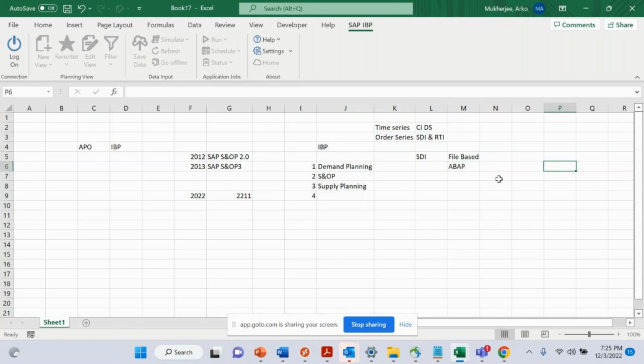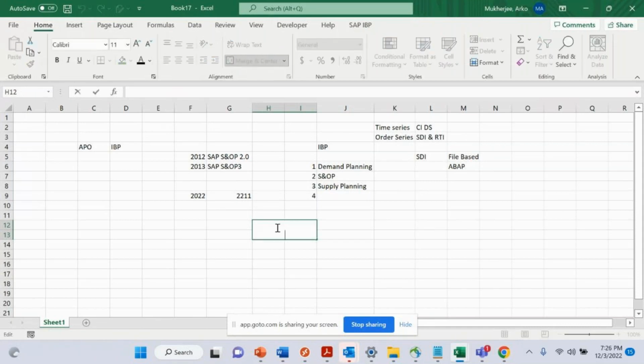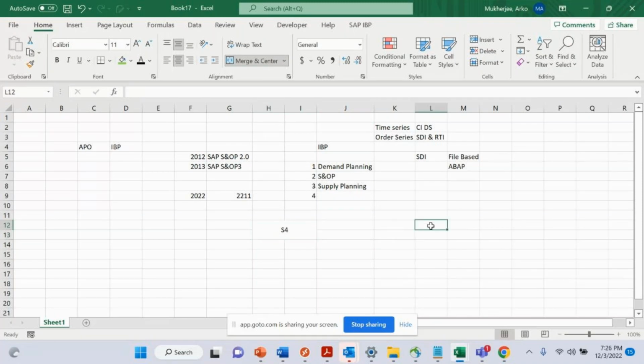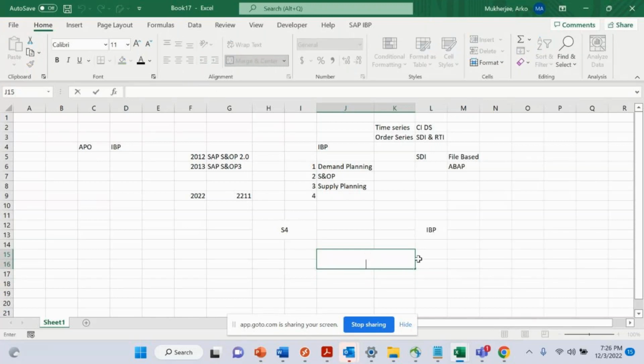The difference between these two in one line is this: in the file based adapter, say we have S4 as a source system, okay, and we have IBP, right? Now to integrate between these two in the case of the file based adapter, we need to have one server in between, here you can say the SDI server.